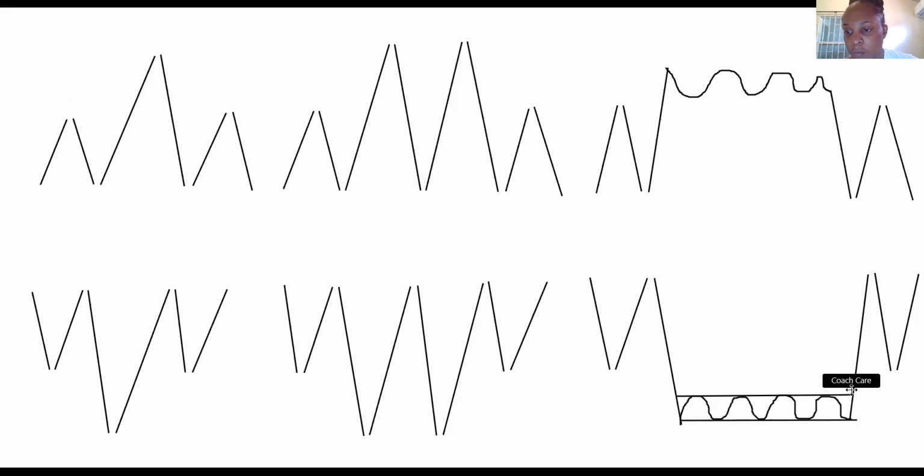So wait for it to break out of this zone so that you don't get trapped in this. All right, so this, as I say, could be tricky, but you guys know how to box in support and resistance because we've done it before. And if you need a refresher, please go to my YouTube channel, right?